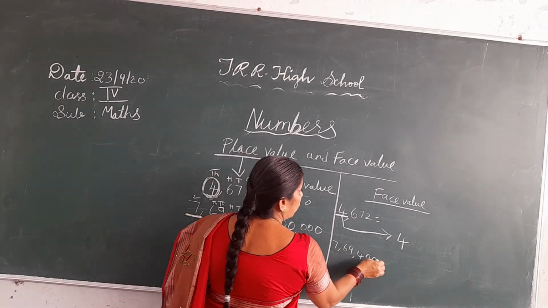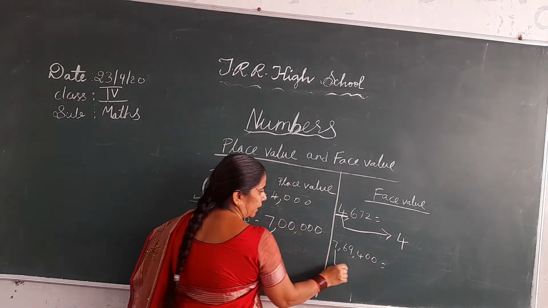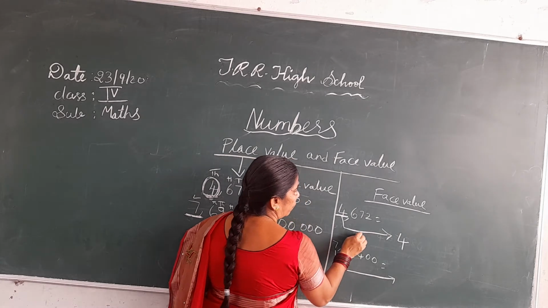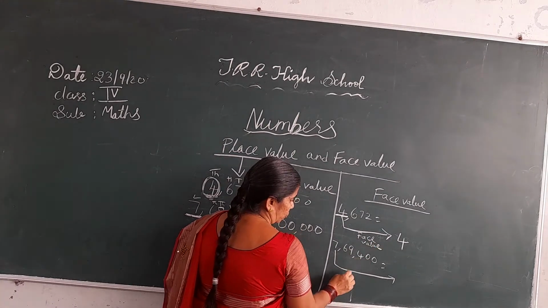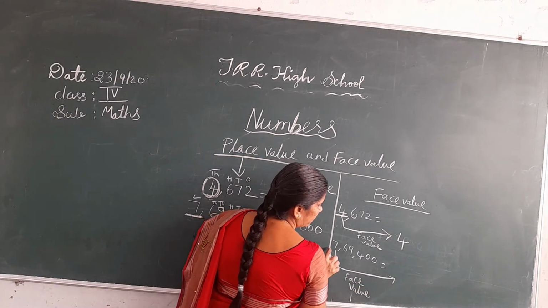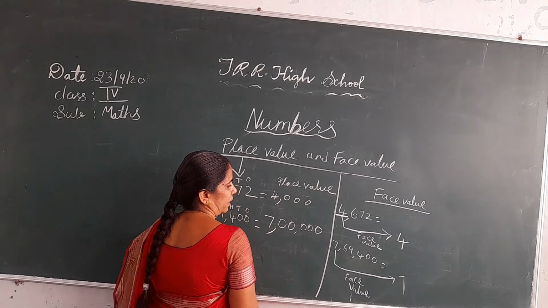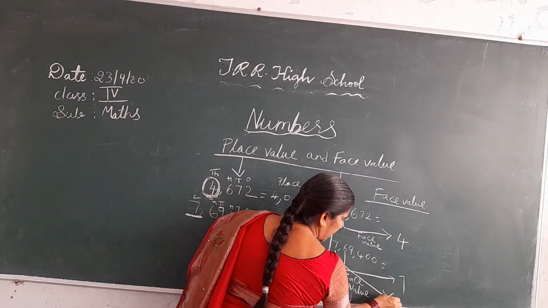Suppose the same number I take, 7,69,400. What is the face value of 7? The face value of 7 is the same, 7. The face value of 6 is the same, 6.